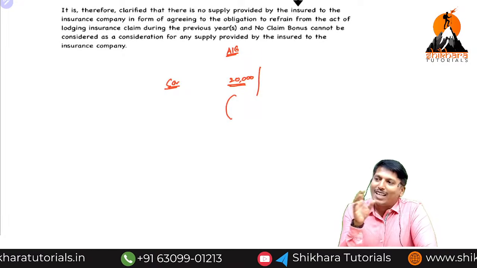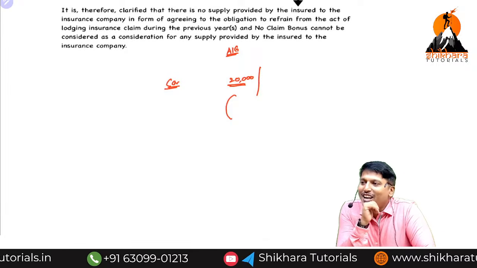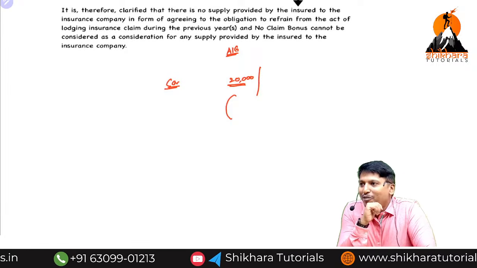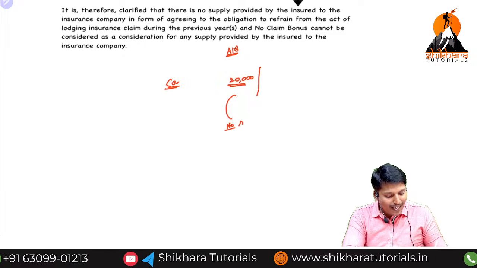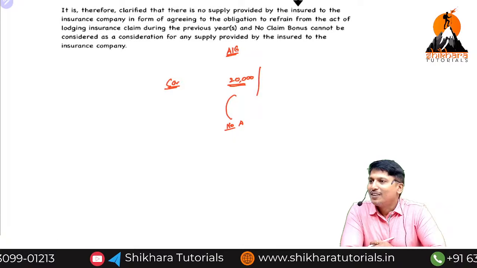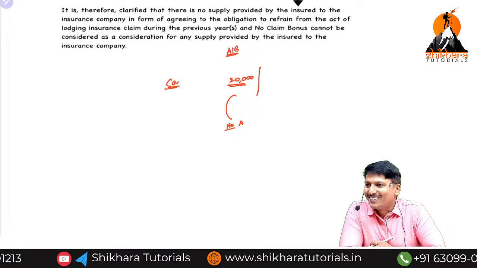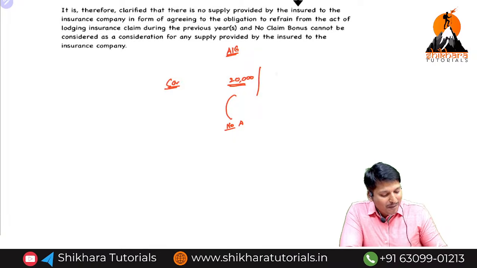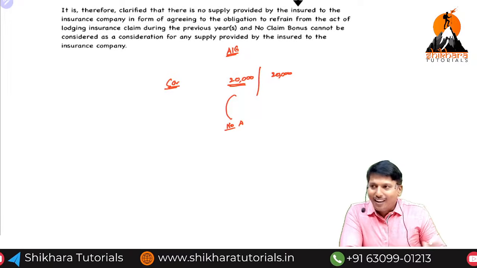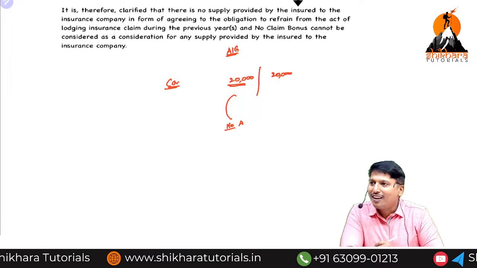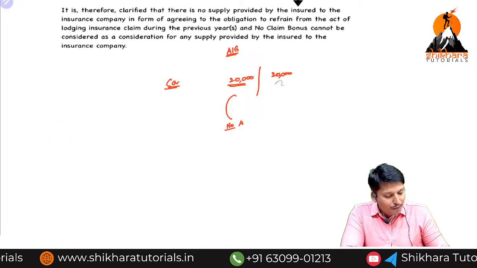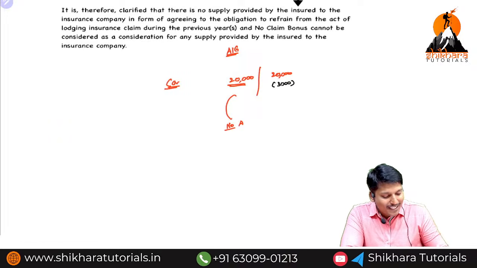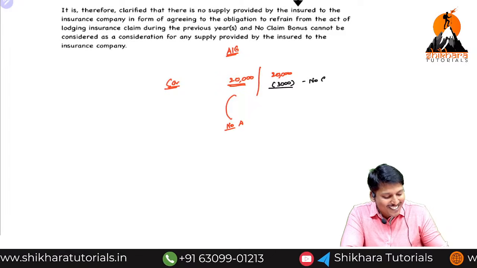But if no accident took place, who enjoyed the benefit, in the form of premium? So this year, no accidents, which means I'm a good driver. Next year, premium 20,000. Last year they enjoyed the benefit. So for this type of person, they will give 3,000 rupees no claim bonus.